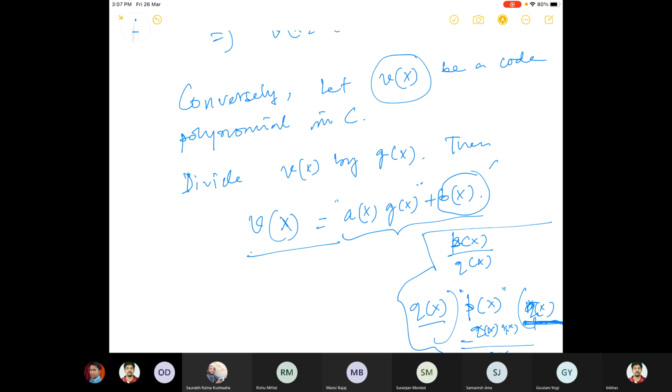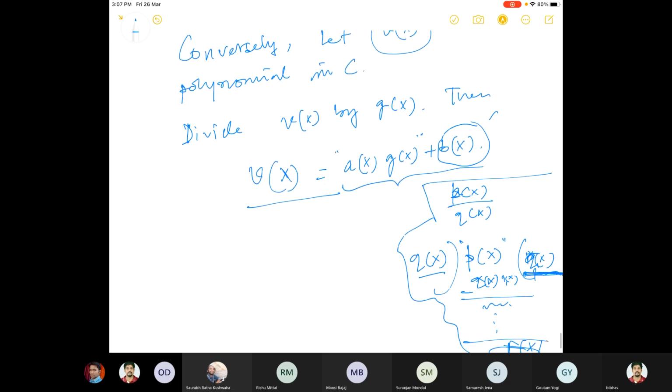But what can we say about the remainder if we divide this? Either b(x) will be 0, which is our goal, because then v(x) is nothing but a(x) times g(x), which we wanted to prove. But if that is not the case, then b(x) is a non-zero polynomial and the degree of b(x) should be less than the degree of g(x).